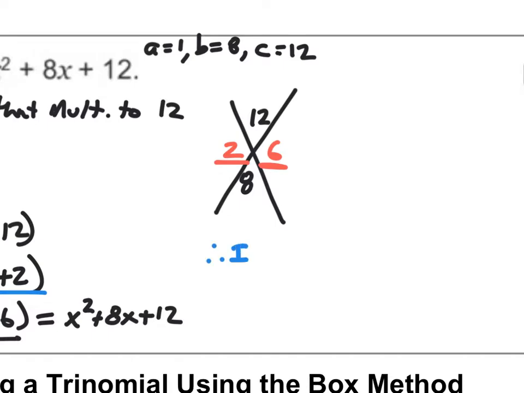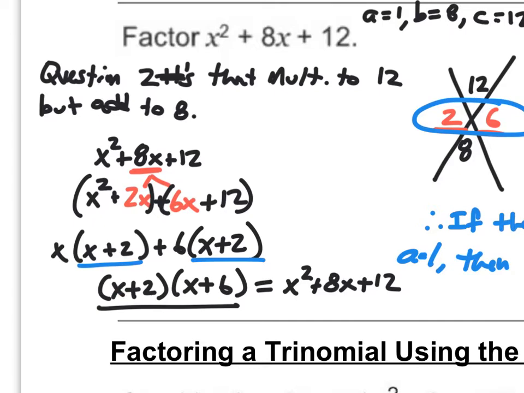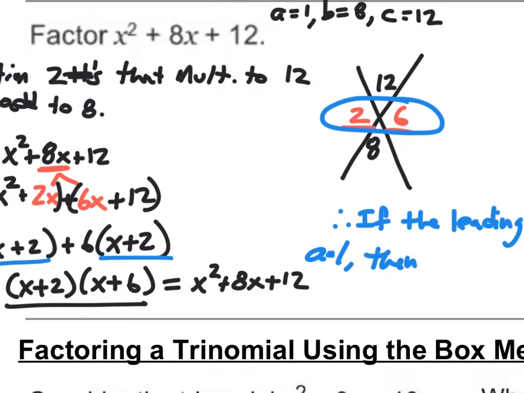If the leading coefficient is 1, that is, a equals 1, then using this method you just have to answer the question: what two numbers add to 8 and multiply to 12? Those are the two numbers of your factors, x plus 2 and x plus 6, okay?